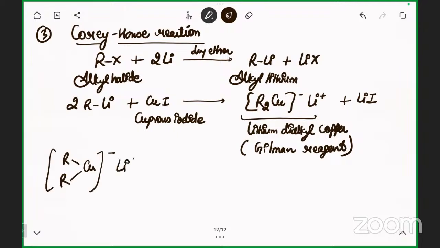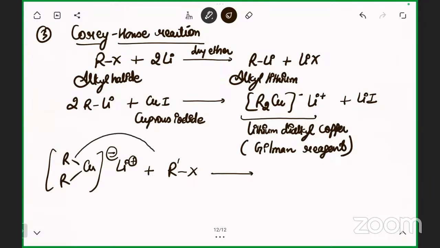When it reacts with another molecule of RX, I'm putting a dash over the R, which means there is a different R group here. See how the reaction occurs.